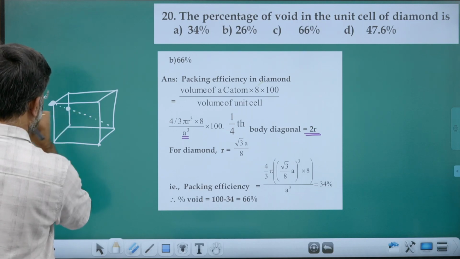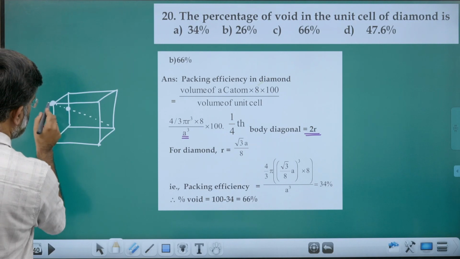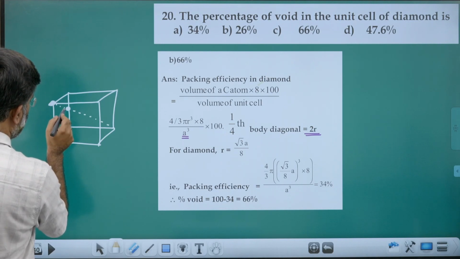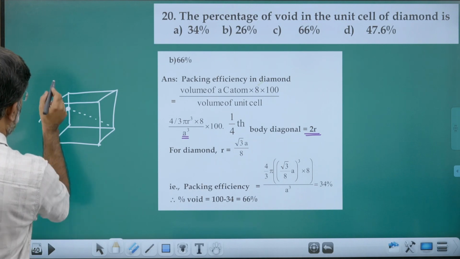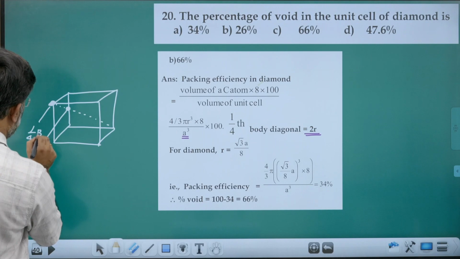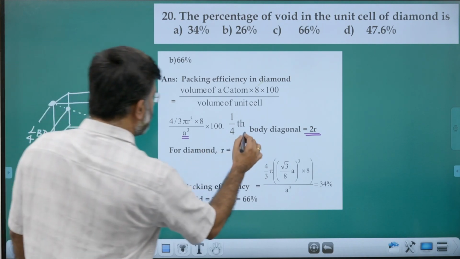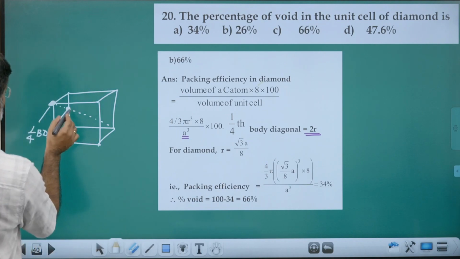This is the tetrahedral void, at 1/4 distance from the corner. Therefore, these 2 particles are in contact, and this distance is nothing but 1/4 body diagonal, which is equal to 2r.